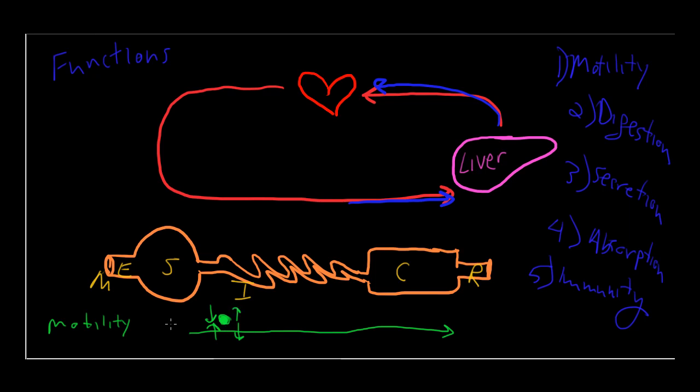This creates a localized high pressure gradient, high pressure and low pressure, which drives the food towards the lower pressure. So that's motility.